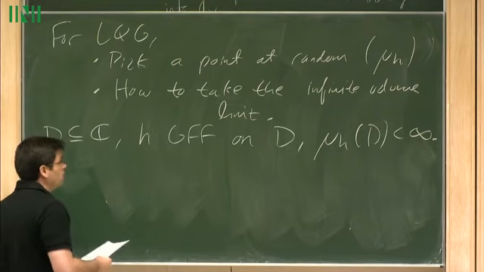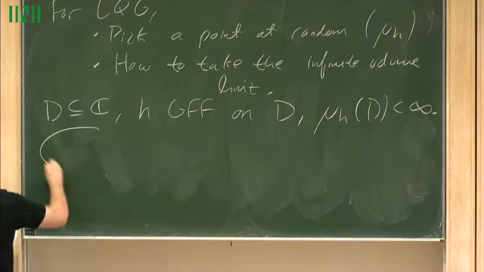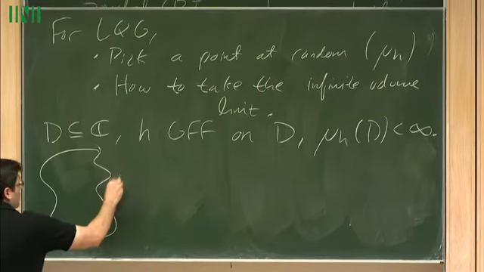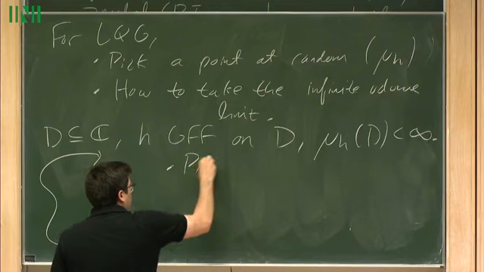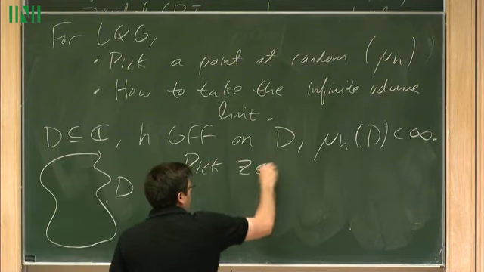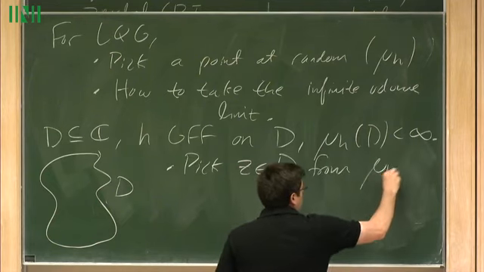Okay? So what are we going to do? We're going to pick a point. So let's say this is our domain. We're going to pick a point in the domain from the Liouville quantum gravity measure.